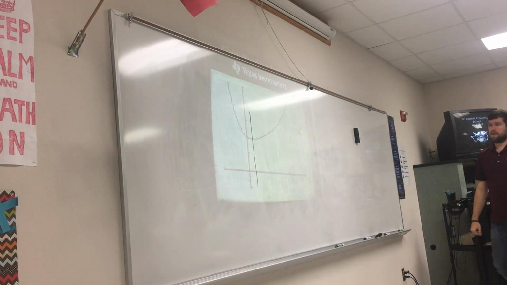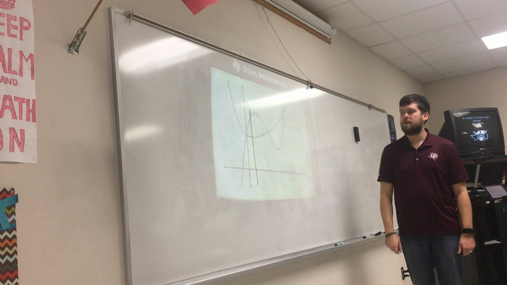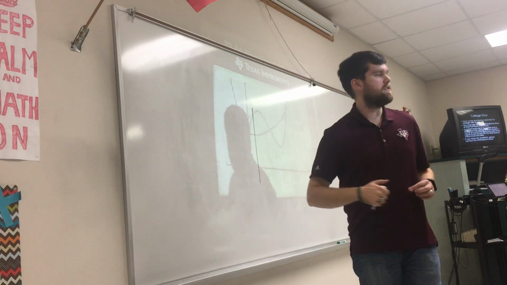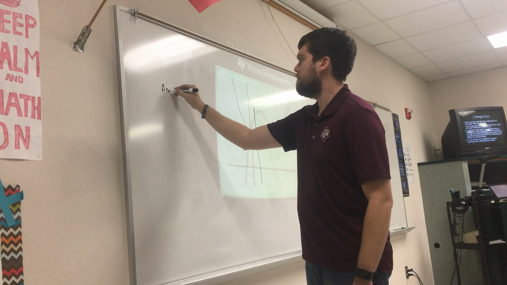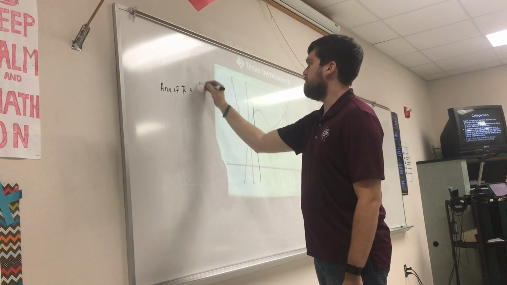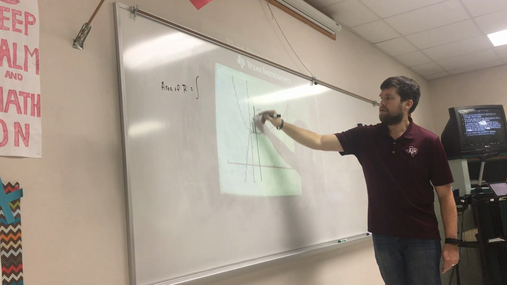Okay, and so here's what we're looking at. We can see pretty well exactly what they got, right? So if we want to find the sum of the areas of R and S, let's first find the area of R. The area of R is going to be the integral, and R is here.